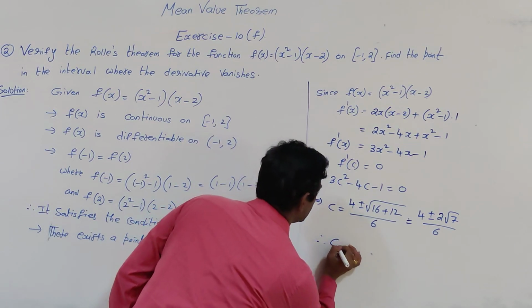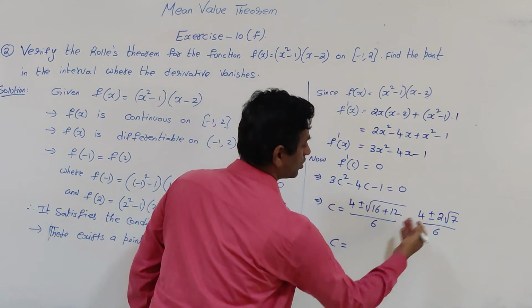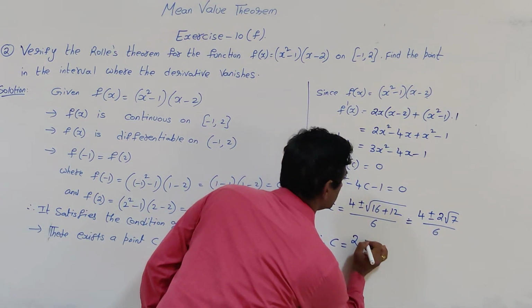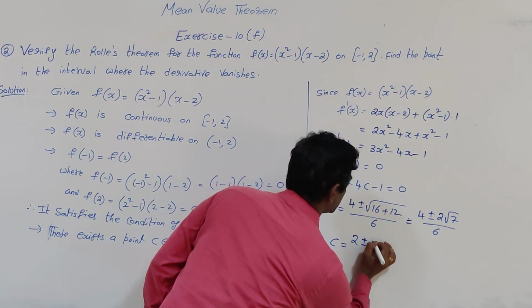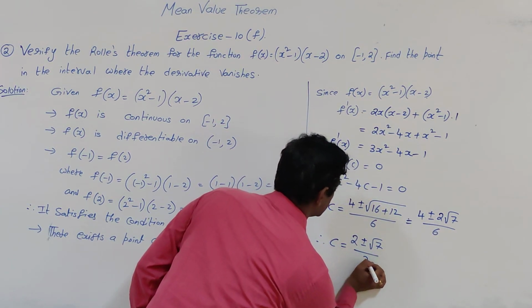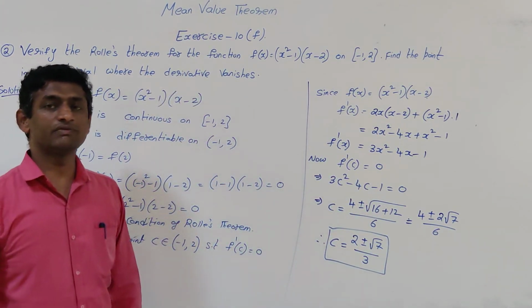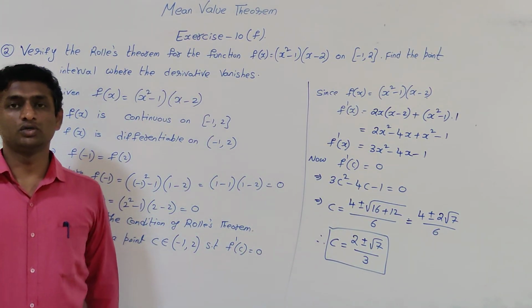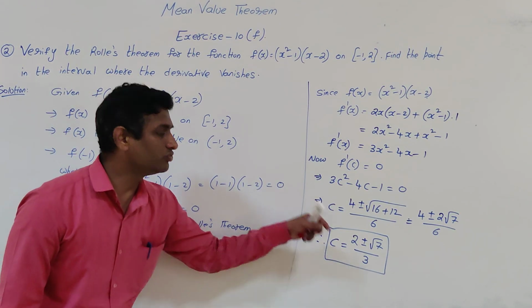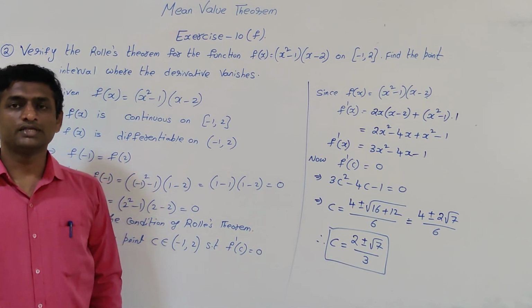So therefore c is equal to, taking the common factor, 2 plus or minus root 7 by 3. So that is the value in the given interval minus 1 comma 2 where the derivative will be 0. Next question.